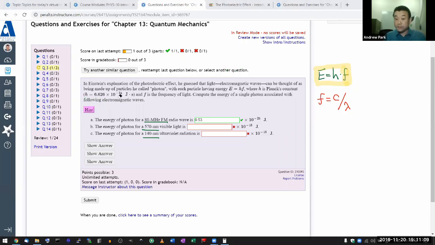But all right. One thing I can do to cut down on some extra work is do a little more algebra here to plug this into the expression for photon energy. When you do that, you get photon energy equal to Planck's constant times speed of light divided by the wavelength.